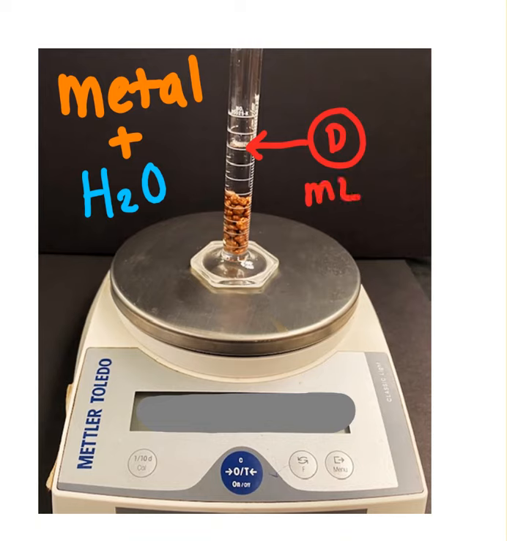It is in milliliters, and this volume is the volume of the metal and the water combined. And of course, we're going to get the mass here. This will be our C. It's in grams. And it is the mass of the graduated cylinder with the metal and the water.